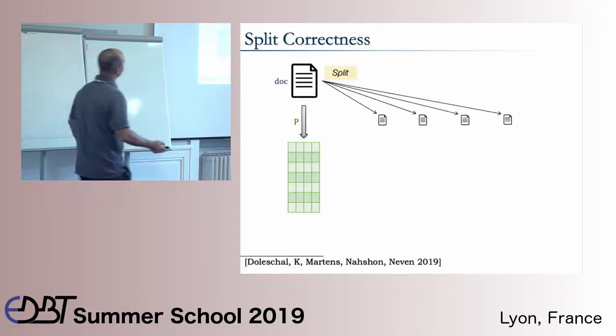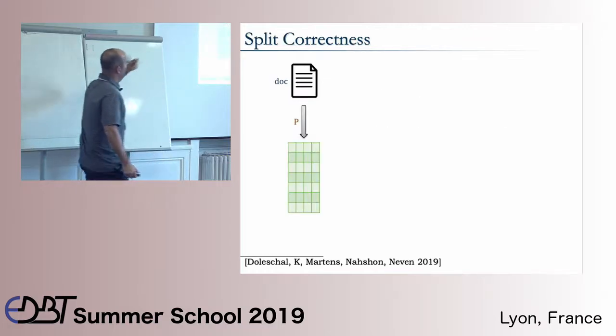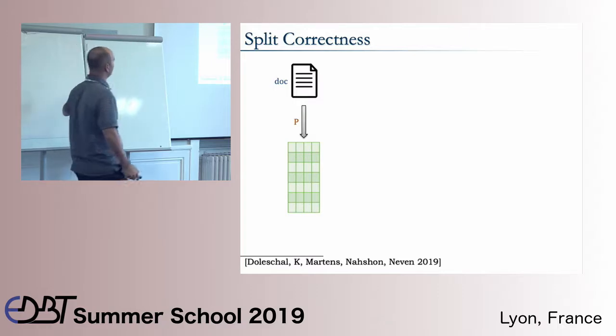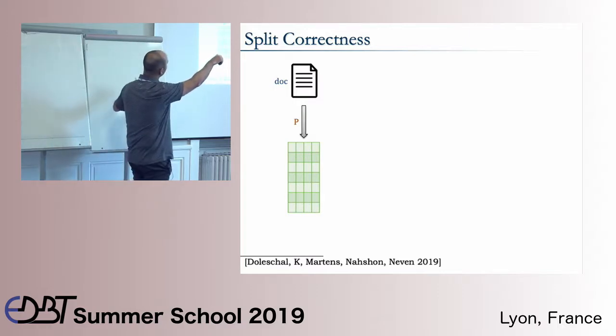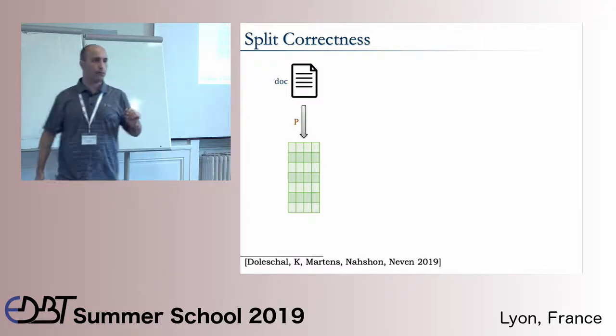Here, we're thinking of the following: query planning for spanners. In the general case, you have a document, you have a spanner, and the spanner produces some table out of this document.